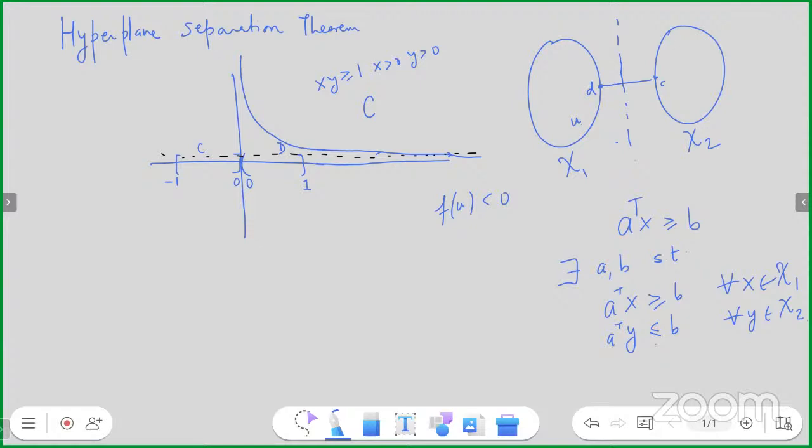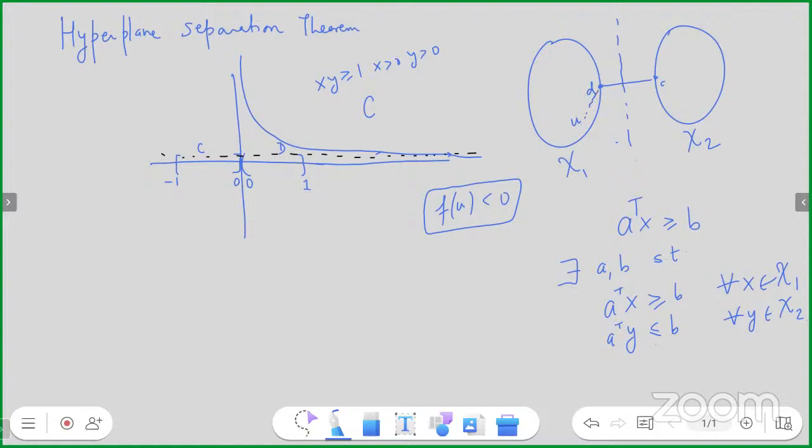I did something starting from this. This is the contradiction hypothesis, that there exists a point u belonging to chi1 for which f of u is less than 0, where f is nothing but my created hyperplane.